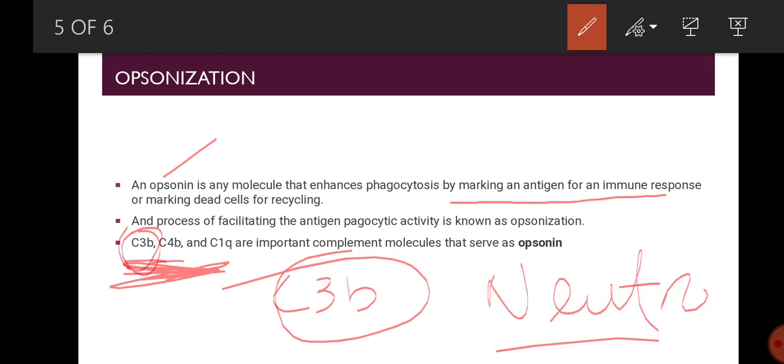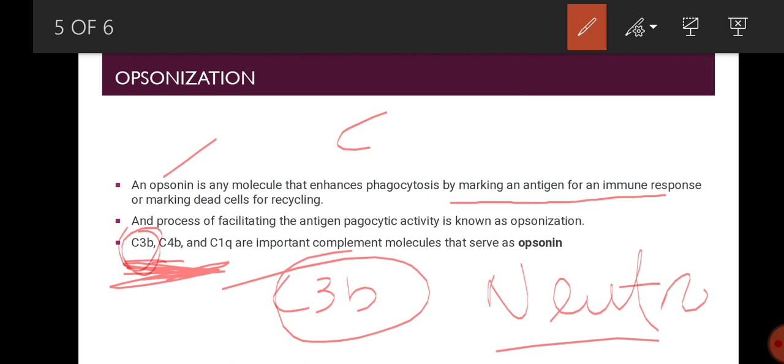We will discuss it later, and we'll come to the third and the last part of the complement system. There are some components which will attract the neutrophils towards the antigen, which will cause the production of the antibody C3a.